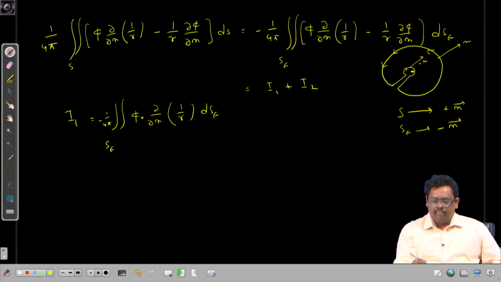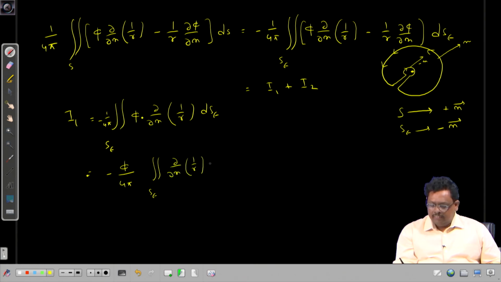So, I can think that phi is a constant, so I take phi outside. So, I 1 becomes phi by 4 pi, and then the integral over S epsilon of del n of 1 upon r into d epsilon.